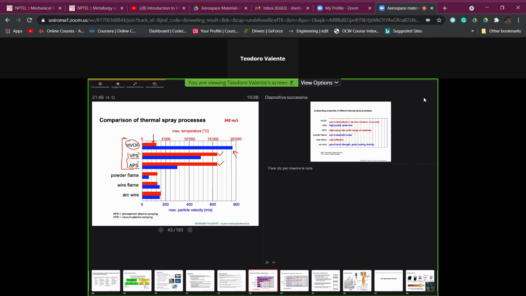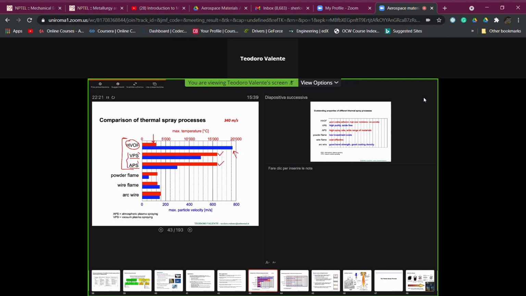And so we say that the plasma spray processes are characterized essentially by the highest values of temperature. Instead, the combustion-based processes are characterized by the highest velocities of the particles before impacting the substrate.